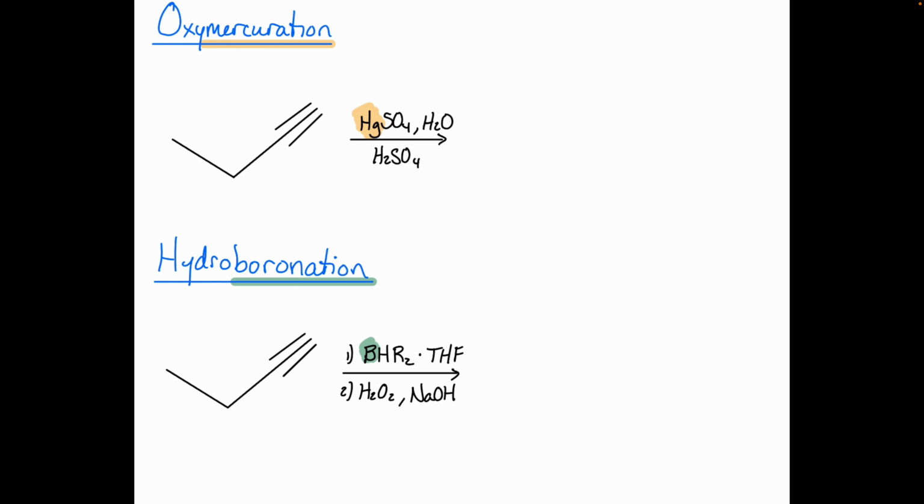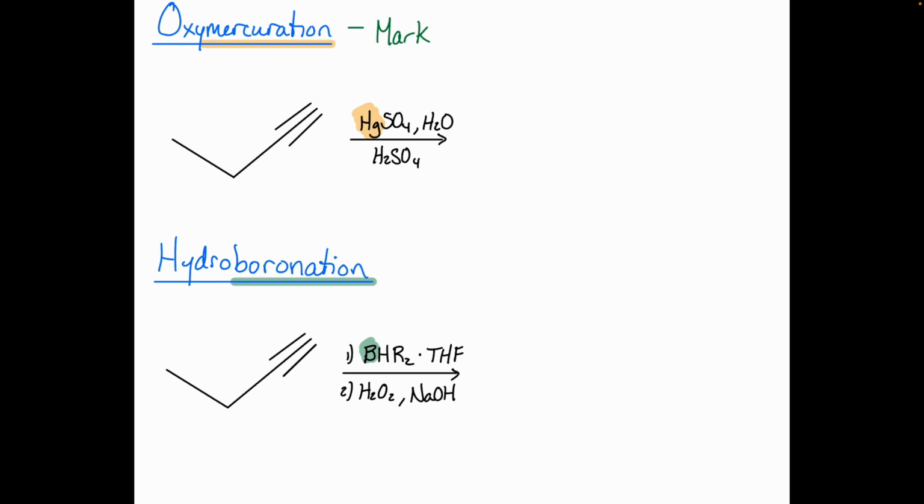All right. Now, also similar to alkenes here, there was this regiospecificity of these two reactions. One of them was Markovnikov, and one of them was anti-Markovnikov, right? Our oxymercuration reaction was which one? Markovnikov goes on the more substituted carbon. Whereas our hydroboronation reaction was anti-Markovnikov.